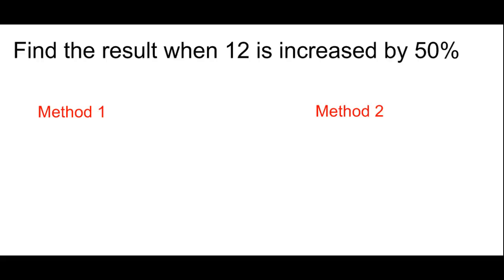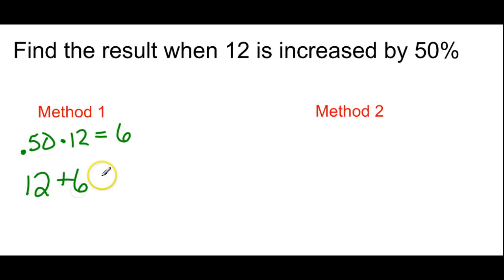So to find 50% of 12, I change the percent to a decimal, 0.50 times 12 is equal to 6. So since I want to know the result, I started with 12, I add 6 to it, that gives me a result of 18. So this is like a two-step process here. I find out what the percentage is of the number that I'm starting with, and in this case, since it was an increase, I add it to it.